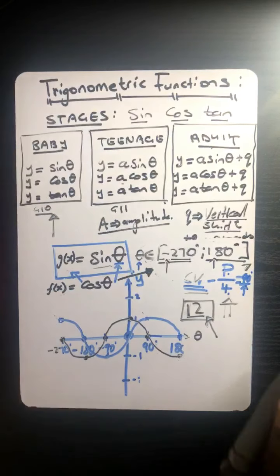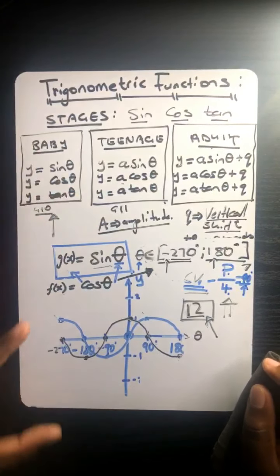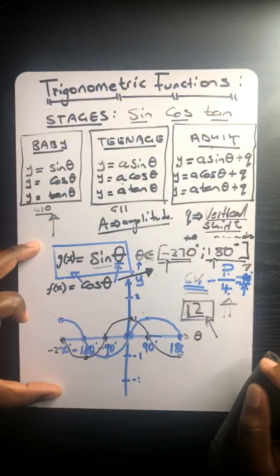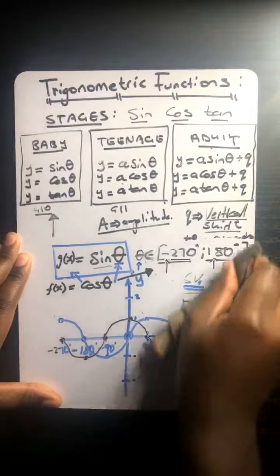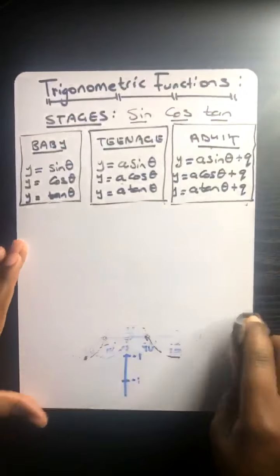So maybe let's try and plot y equals tan of the angle, because I did get a response that you guys do understand all of that. So I'm just going to remove all of this.